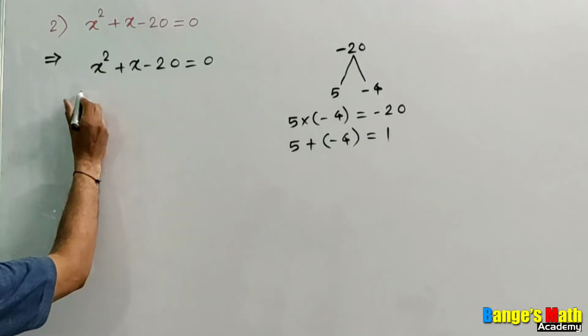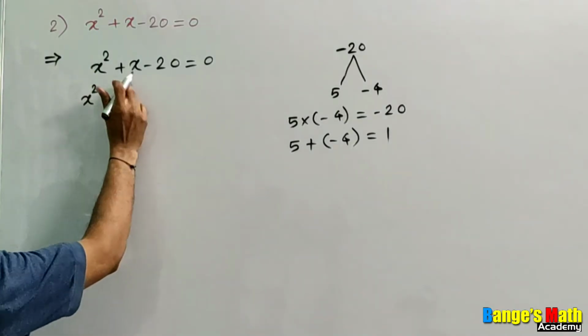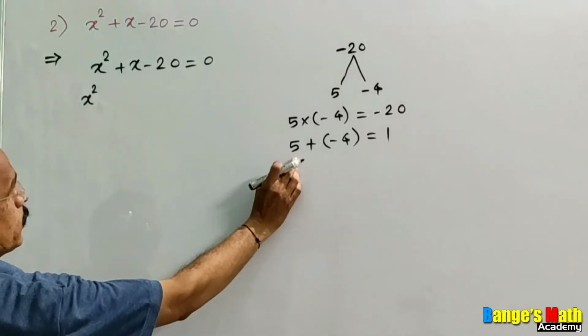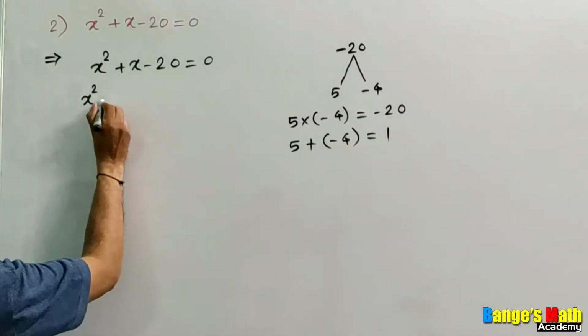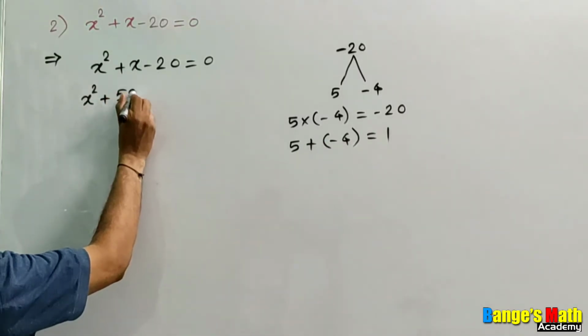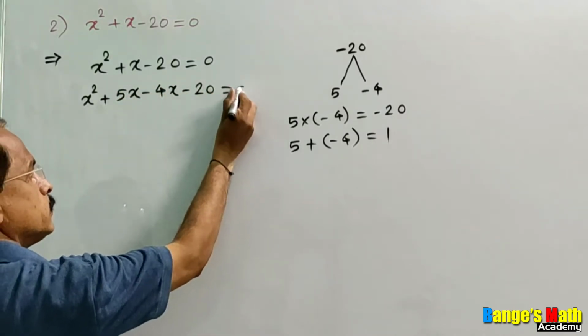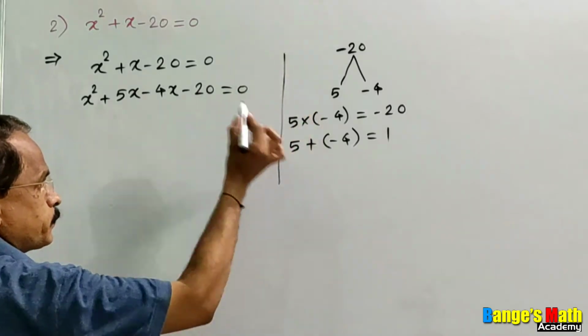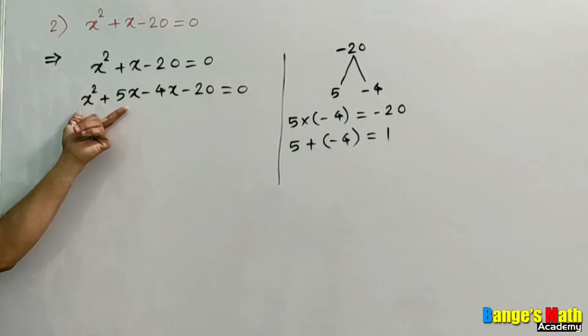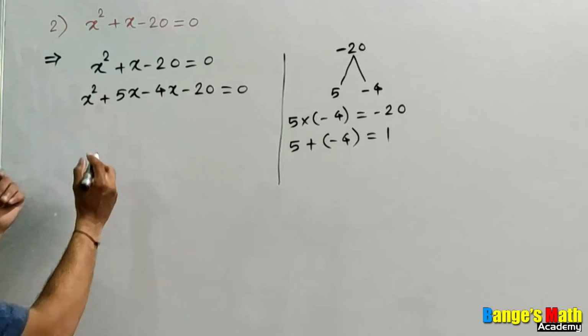So write down given example, x square, write down middle term in this way, plus 5x minus 4x. x square plus 5x minus 4x minus 20 is equal to 0. From these two terms we can take x as a common factor.